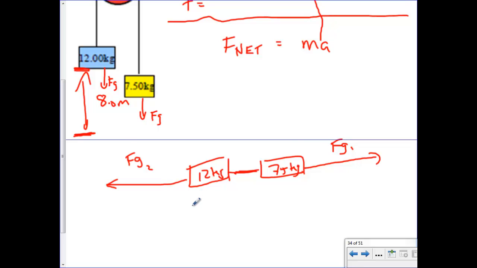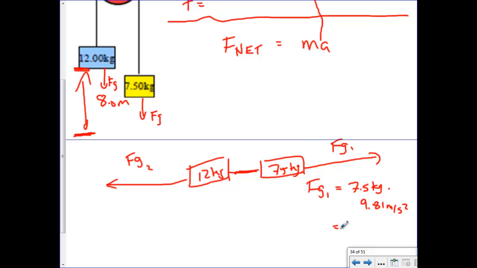Say that one more time? We're going to do that, yes. Okay. But first I've got to figure out the force of gravity pulling in this direction. So the force of gravity in this direction is going to be the mass of the one box times 9.81, which is 73.575.